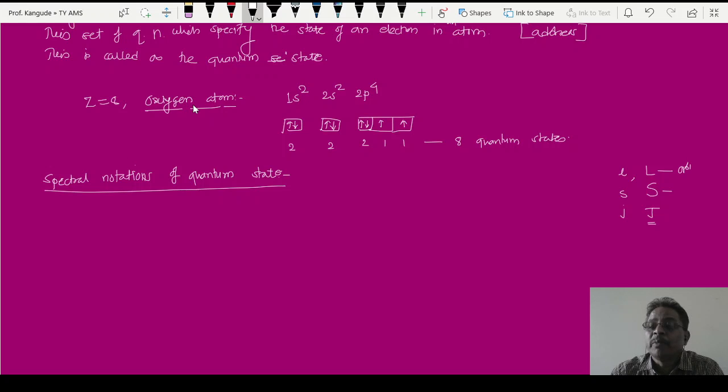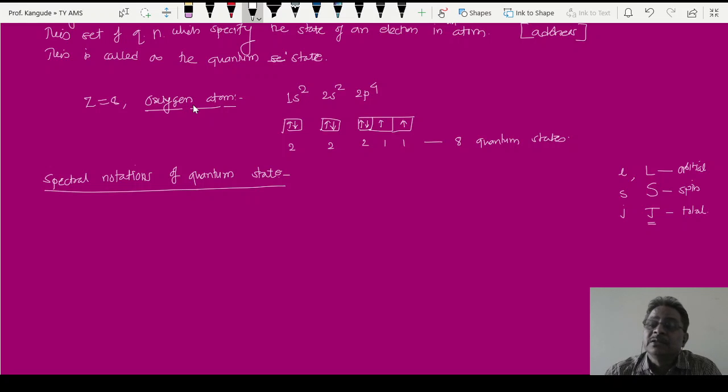Orbital is because of the revolutionary, rotational motion of an electron inside an atom. This is because of spin or intrinsic spin motion, and because of this orbital and spin, the total angular momentum comes here, and this is called the total angular momentum.